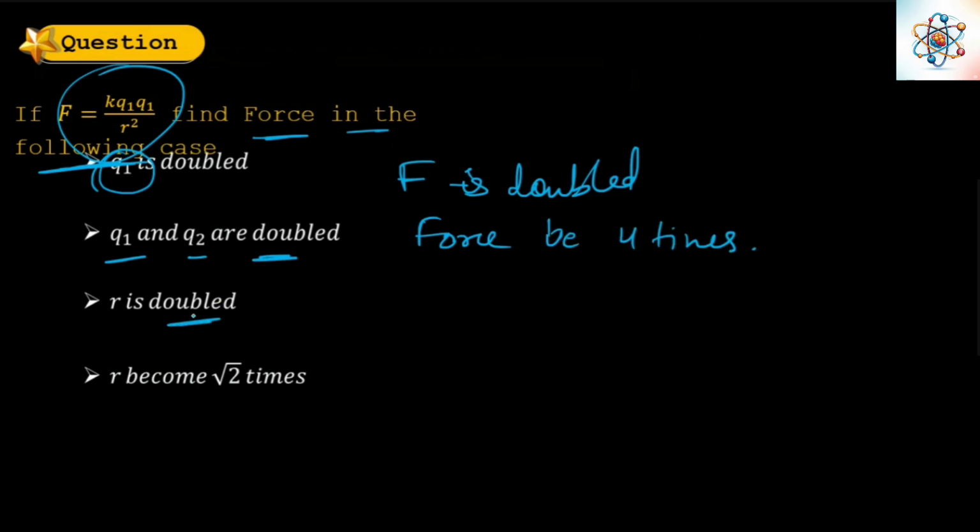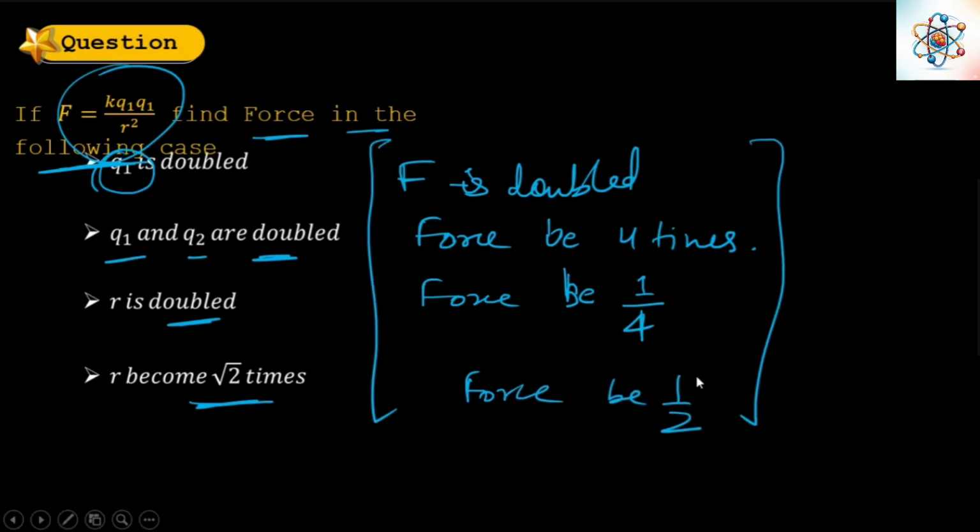If R is doubled, force will be 1/4 of its actual value. If R becomes root 2 times, force will be half. So these are the answers. I want you to figure it out more. Just look at the problem.